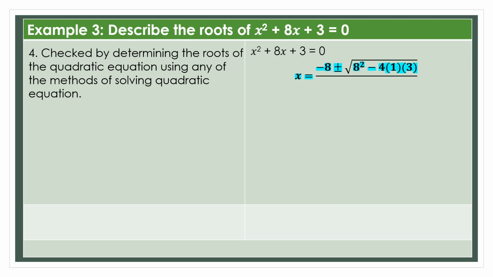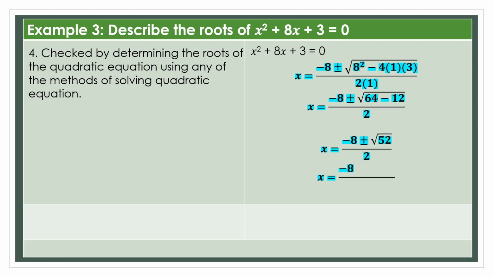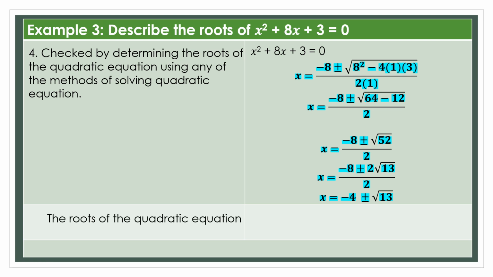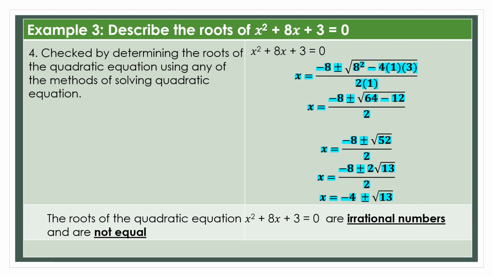If we substitute the values of a, b, and c in the quadratic formula, we have x is equal to negative 4 plus or minus the square root of 13. Therefore, the roots of the quadratic equation x squared plus 8x plus 3 is equal to 0 are irrational numbers and are not equal.